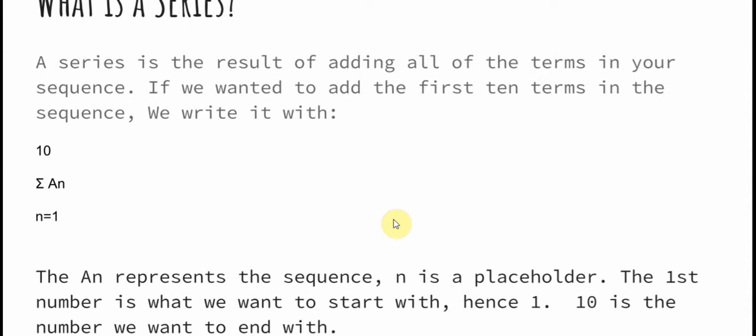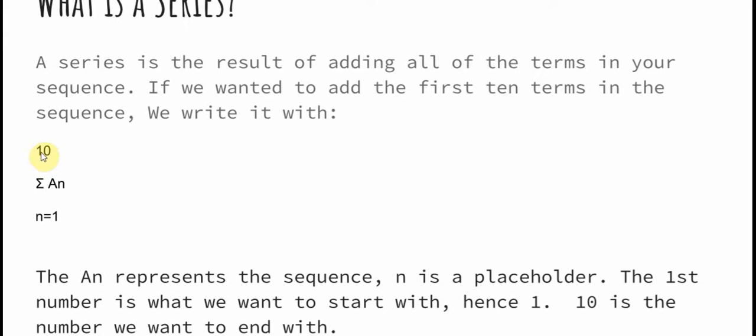Now, what is a series? A series is basically when you add up all the terms of your sequence. And this is our specific symbol for adding a sequence up like this. This Greek letter is the symbol for a series.